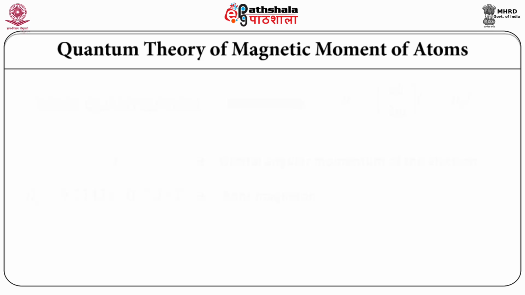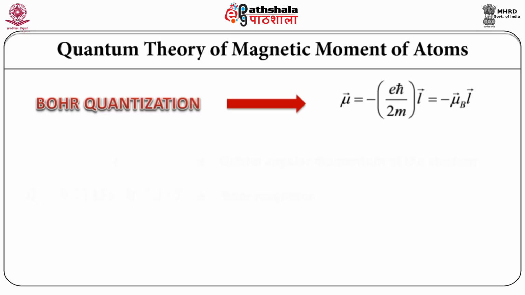So what we are going to do now is start with the quantum theory of magnetic moment of atoms. According to the Bohr quantization condition, the magnetic moment is quantized according to the following formula. The magnetic moment is equal to e h cross divided by 2m multiplied by the vector small l.